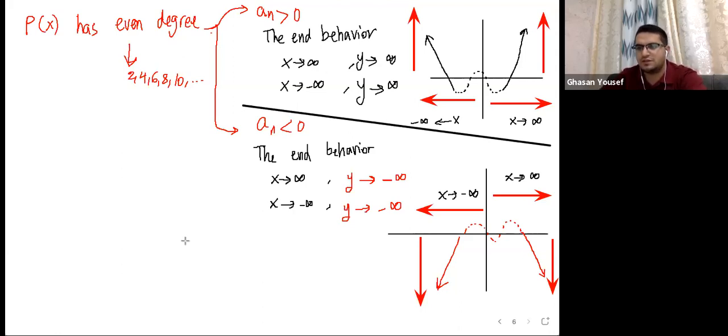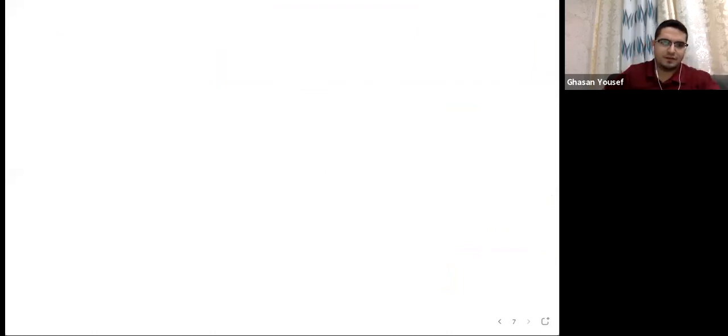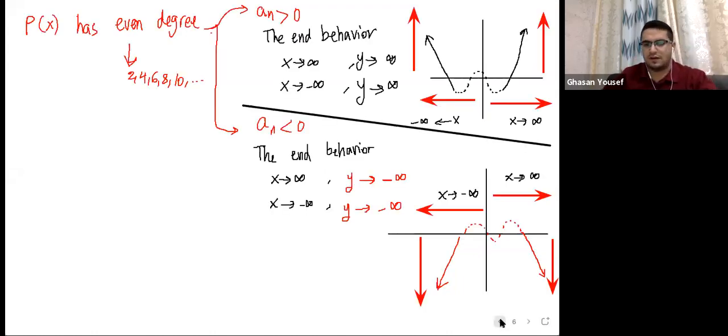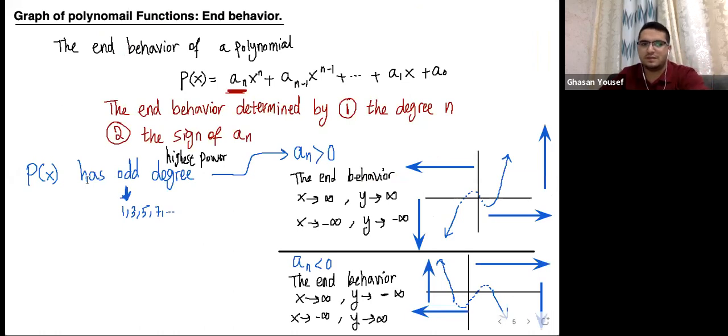What are the functions of these graphs? It's random. I'm going to give you an example to show you what the function is. So, example now. A simple example for the first one: x cubed.